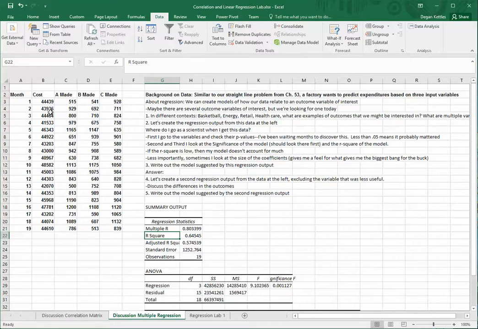If it were 1, we would say my input variables perfectly predict the outcome. We could say maybe we predict about 64% of the outcome based on these variables. So it's not a perfect prediction, but I would say it's pretty good.